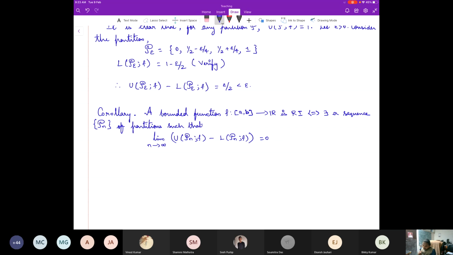On the other hand, if you have a sequence with this property, then choose n naught such that 1 by n naught is less than epsilon, and that should help you. Or choose n naught such that U(Pn, f) minus L(Pn, f) is less than epsilon for all n bigger than or equal to n naught, and that should help you.